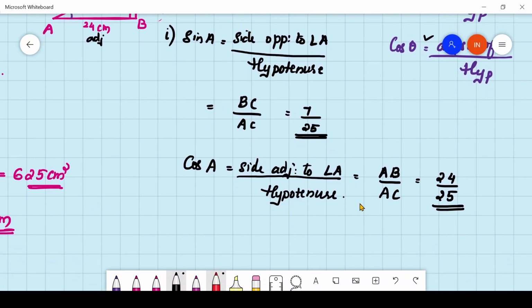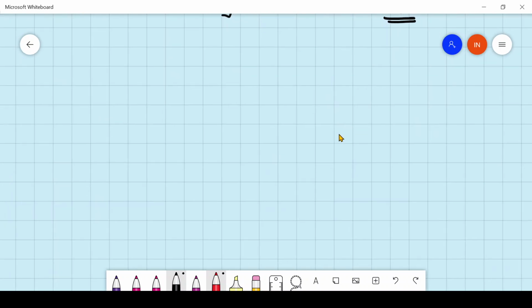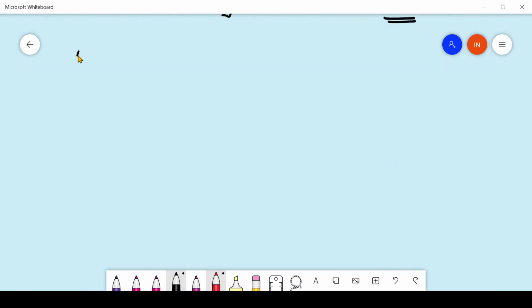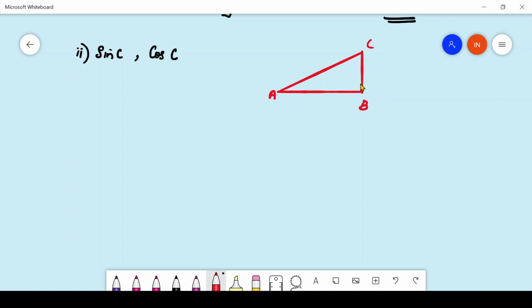So let us move on to the second part of this question. The second part of the question is to find out sine C as well as cos C of the triangle. So first I am going to redraw the triangle here. This is a triangle ABC, which is right angled at B as said in the question.